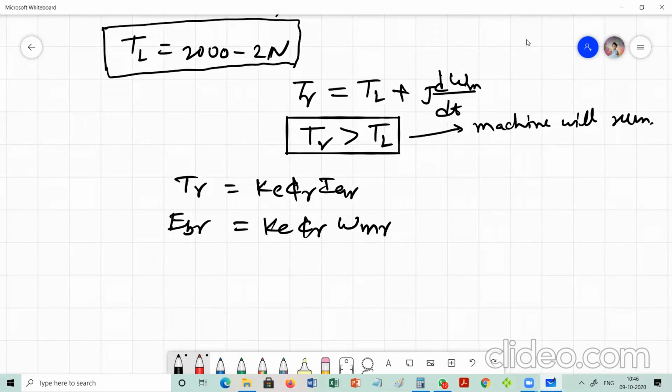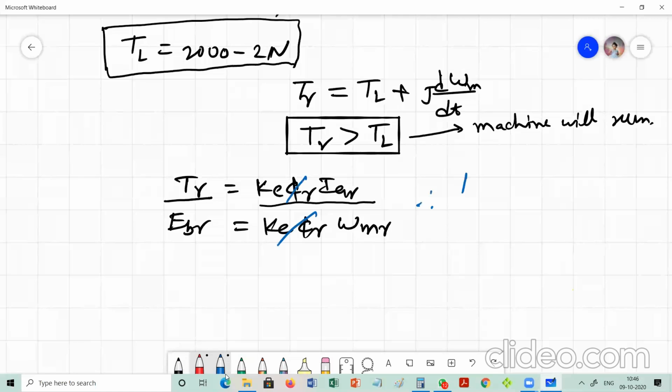So TR by EBR, one minute please. Turn off your video. Navnath Khatar, please turn off your video. So the ratio TR by EBR is equal to KE phi R IAR divided by KE phi R omega mr. Again these terms will get cancelled.